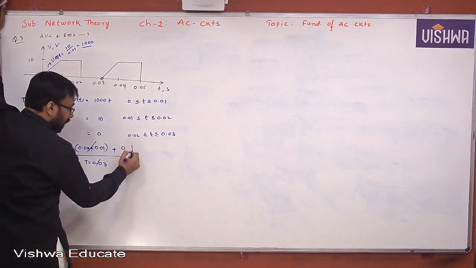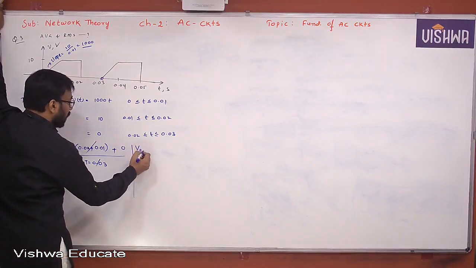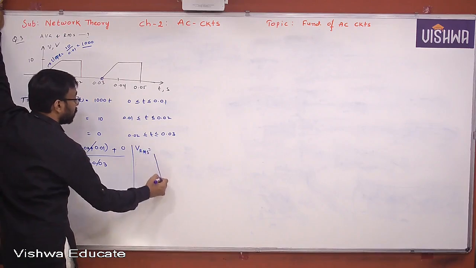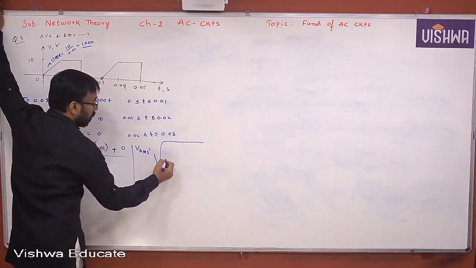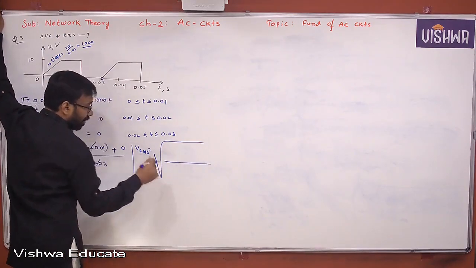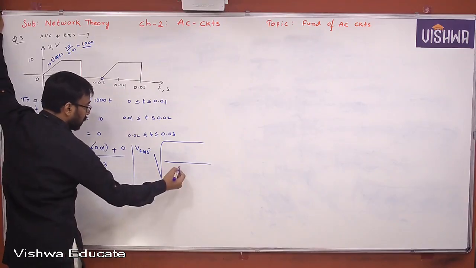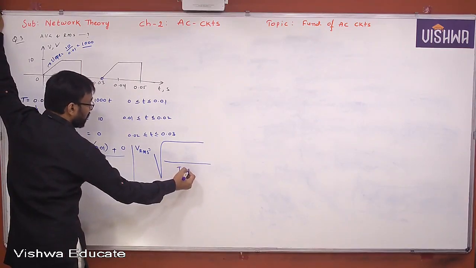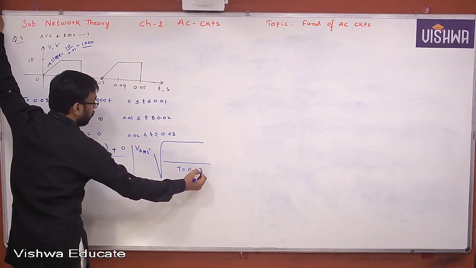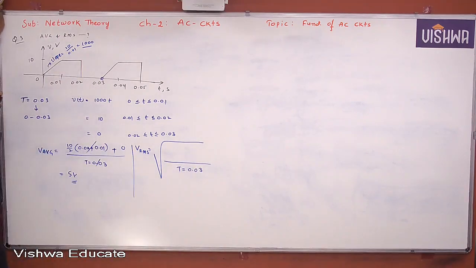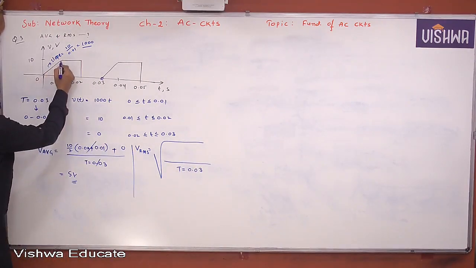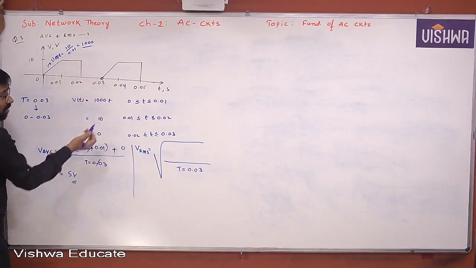Now let us find the VRMS. I told you already the simple technique for RMS calculation. Hope all of you remember. I told you already when you have step and ramp combinations. Okay. T is equal to how much? 0.03. Now first you have a ramp, then a step, then 0, right?